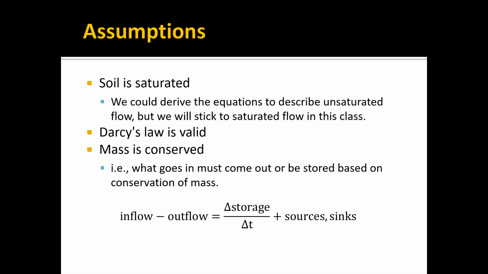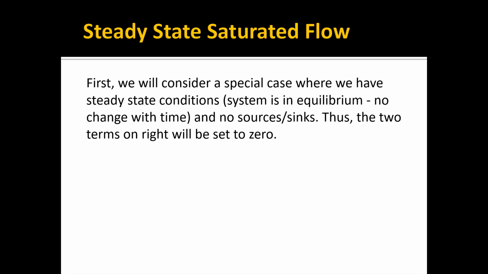Well, that would cause a difference in the inflow versus the outflow. Or maybe there's a spring or a stream or something, and so that's what we mean by sources and sinks. So there has to be a balanced flow system that we account for, and this is actually, as you will see, a very important part of our derivation.